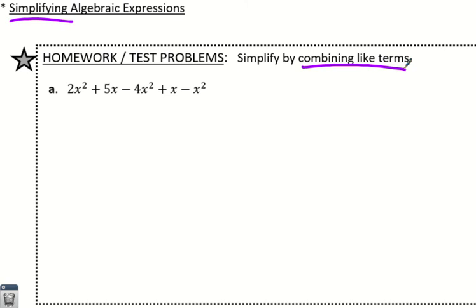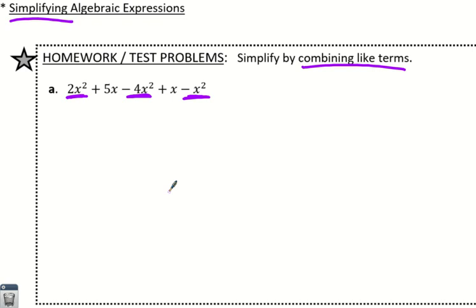So not only has it got to be the same variable in the term, but that variable has to have equal exponents. So for example, this 2x squared term and this minus 4x squared term and also this minus x squared term, those are all like terms that we can combine.